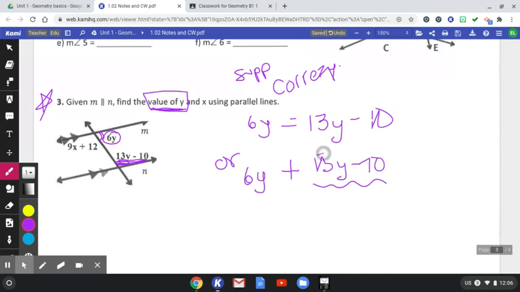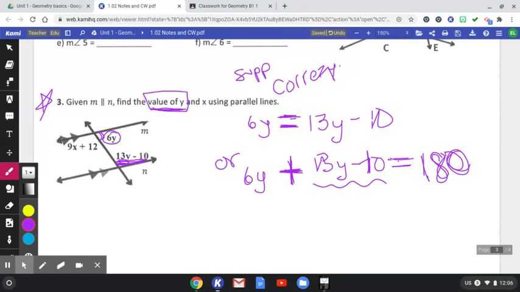Sorry, I'm trying to write fast and my Chromebook is deciding it's about done. So are they equal to each other, or do they add together to equal 180? So you really have to decide about equal things or supplementary pieces.